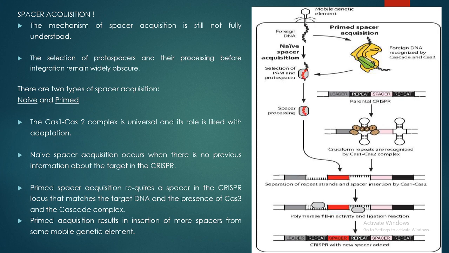Whereas a prime spacer acquisition is one whereby a bacteria is already immune to a bacteriophage. However, this time bacteria acquires an additional or a new spacer sequence from the same bacteriophage.